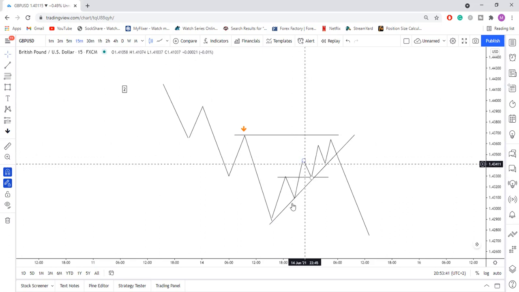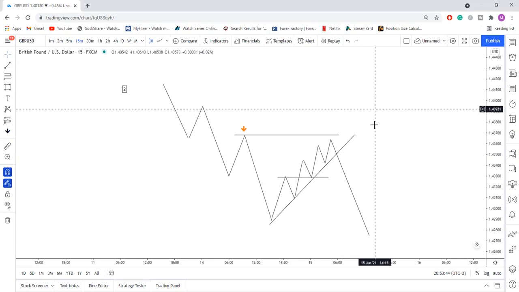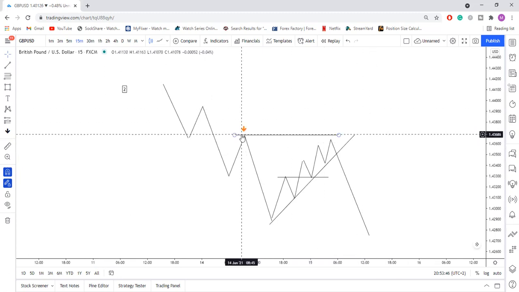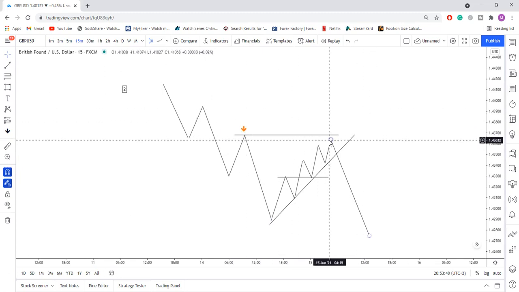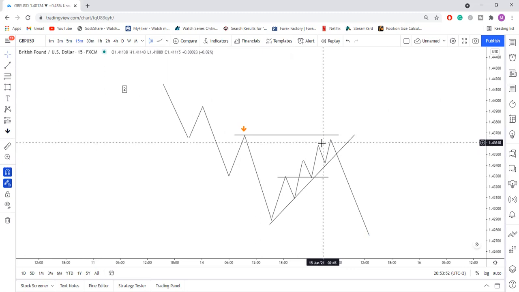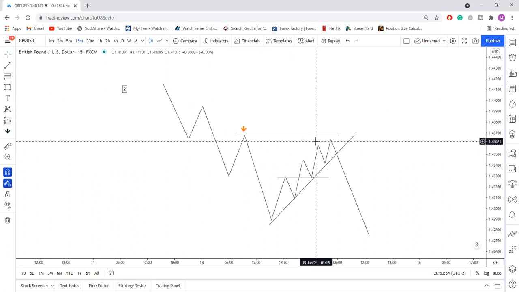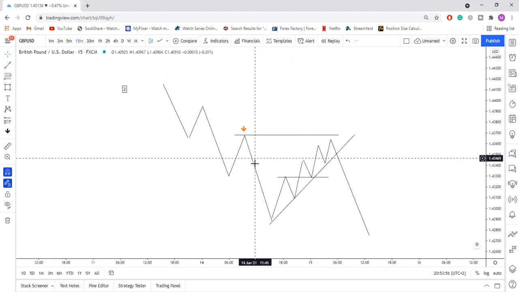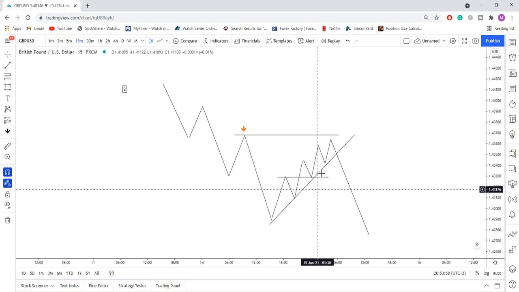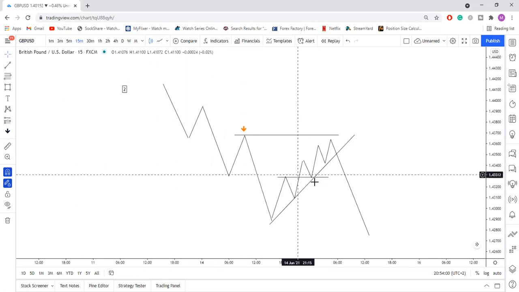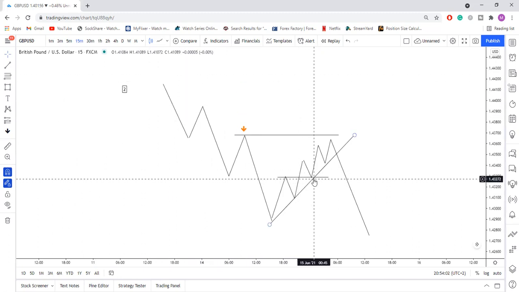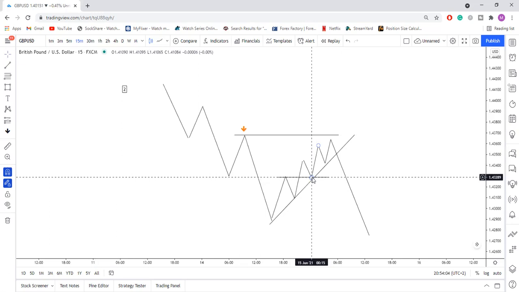Sometimes you will see that price is starting to form an uptrend until we get to this level, but I do want you guys to know that this is so powerful, because a lot of people say, oh, but I'm trading with the trend, but they're trading with the immediate trend, and they're not noticing what the real trend on that specific time frame is, or even on the bigger time frames.